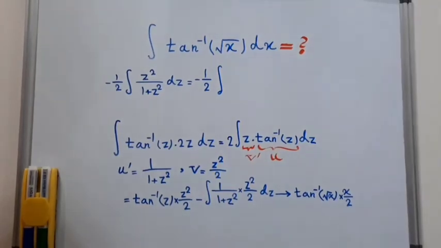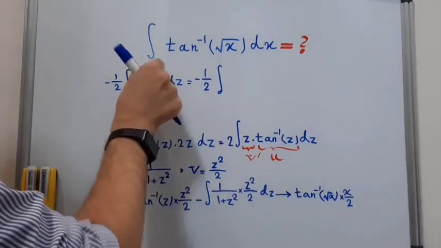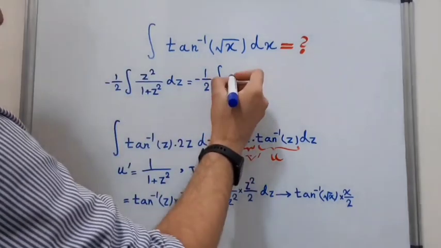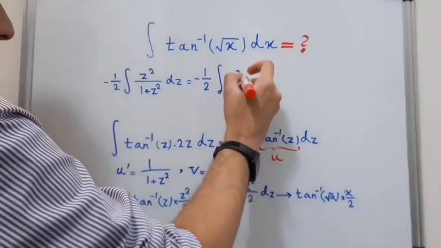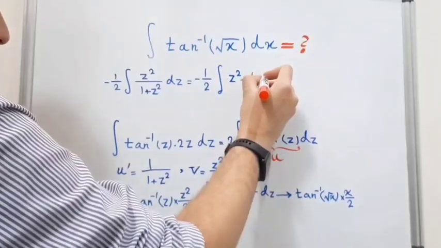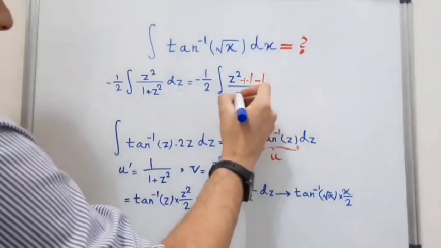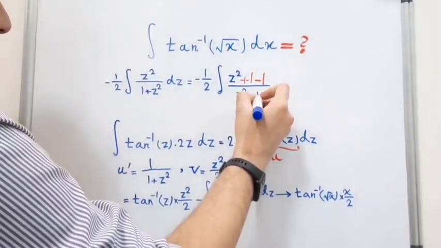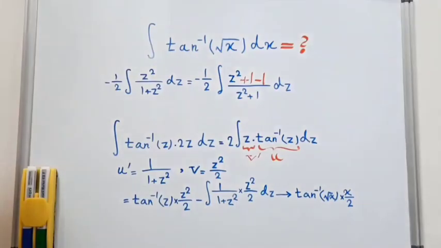Let's add and actually subtract 1 here. Plus 1 and minus 1. z squared plus 1. Easy.